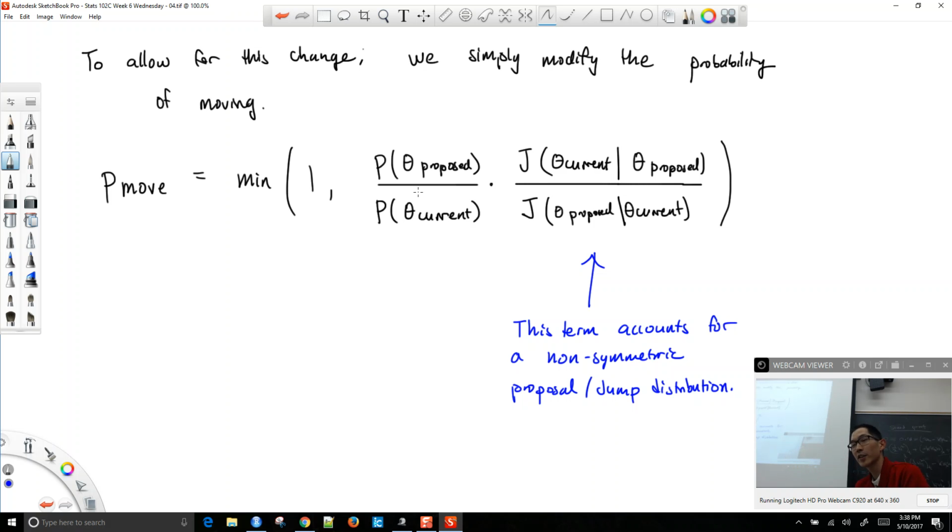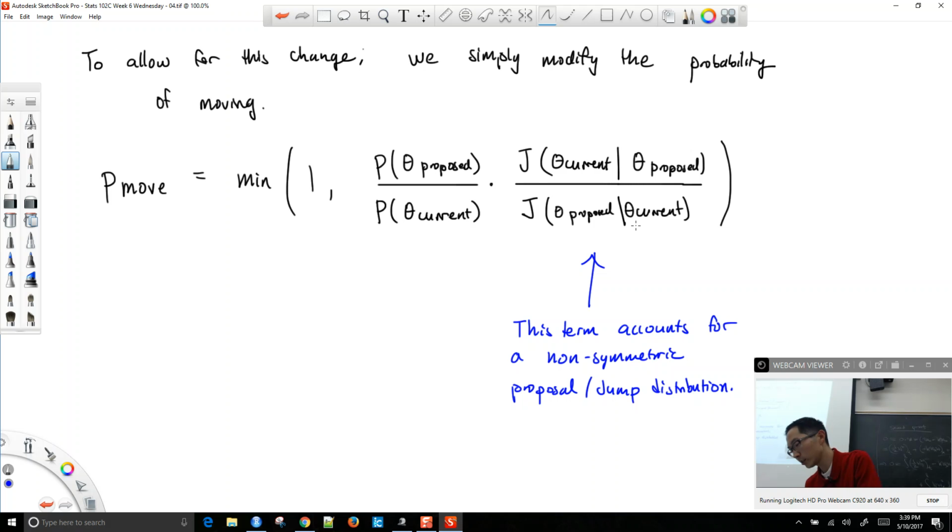And if it's not, then you'll just not get the target distribution. So this accounts for that. Yeah. So if you're just going to use the normal distribution as the distribution to propose it, then this part will always equal 1, and so you can just throw it away. Okay, and that's what the Metropolis algorithm is. When the numerator and the denominator are equal to each other, then it's symmetric, and that's the Metropolis algorithm.